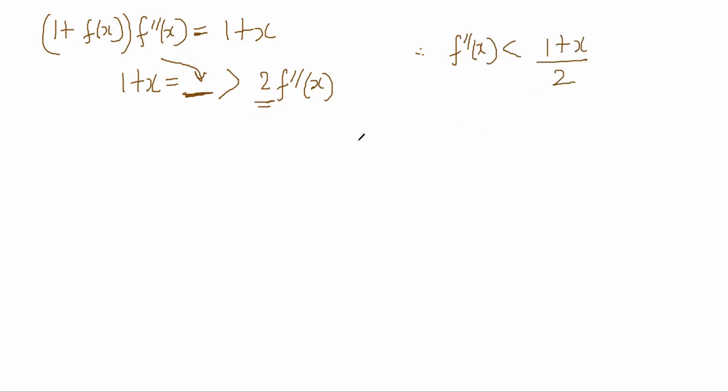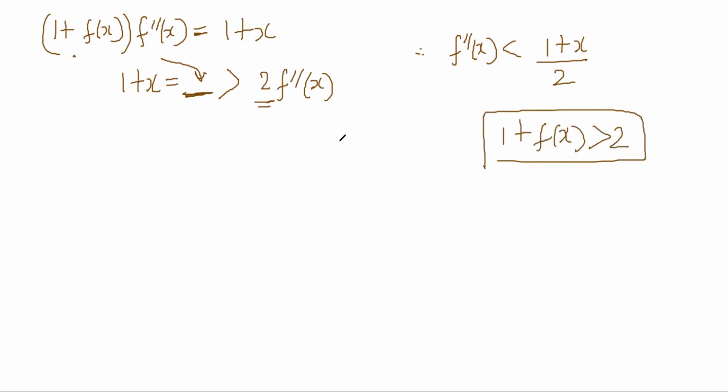Wait, sir, I don't understand what you did. What is there to not understand here? I am saying 1 plus f(x) is greater than 2. No, sir, not this step, the one before. Where we proved that f(x) is always bigger than f(0). That we did because it is always going upwards.